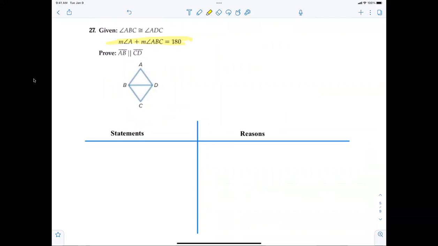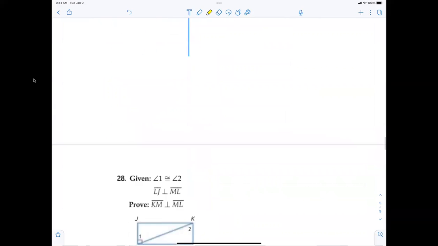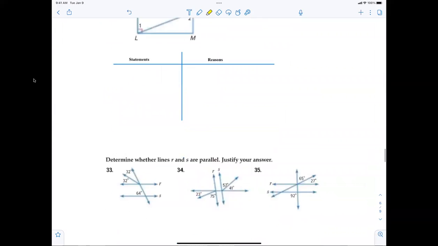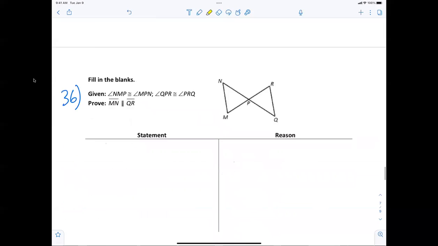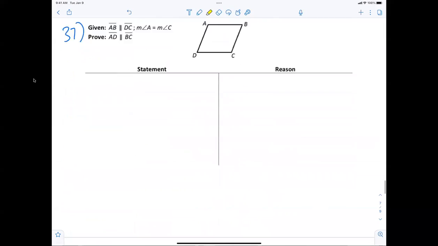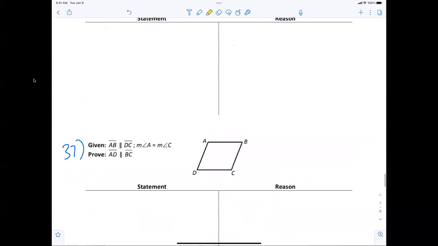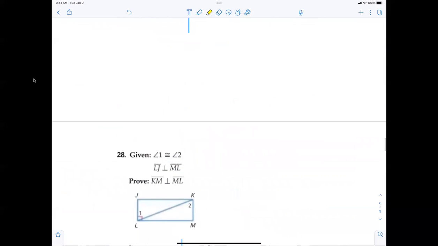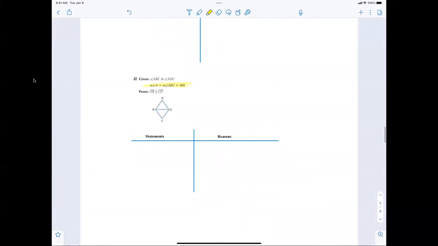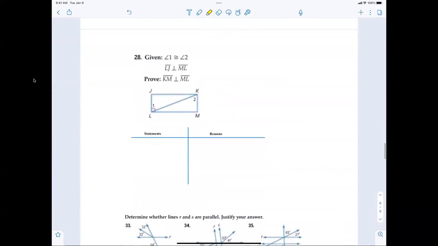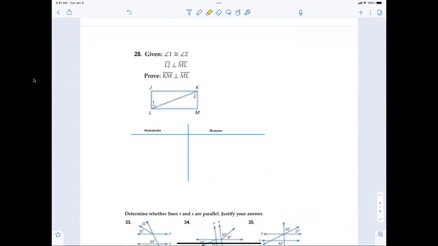All right. So 27, hold on. 27, 28. Boy, there's still a lot to go. All right, so here's what we want. I want you now to do 27. I want you to try 28.